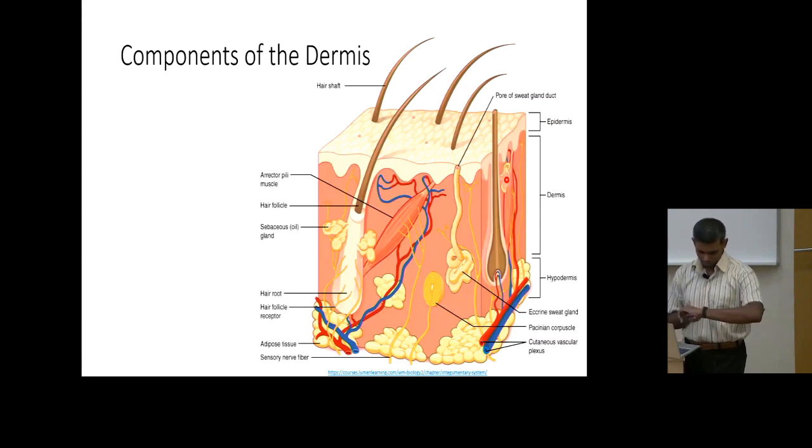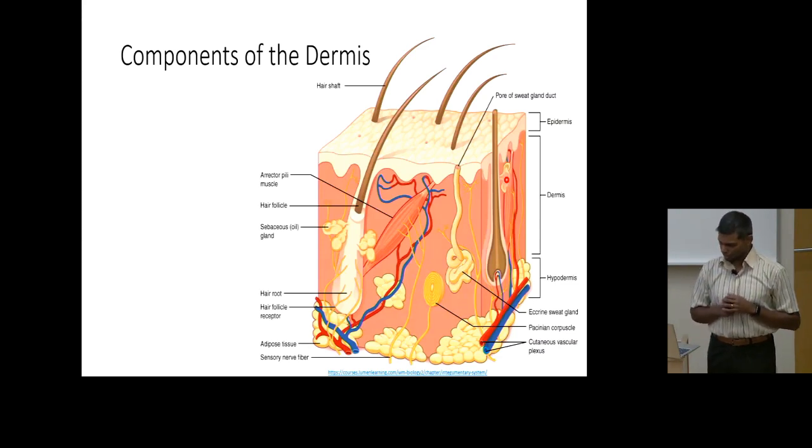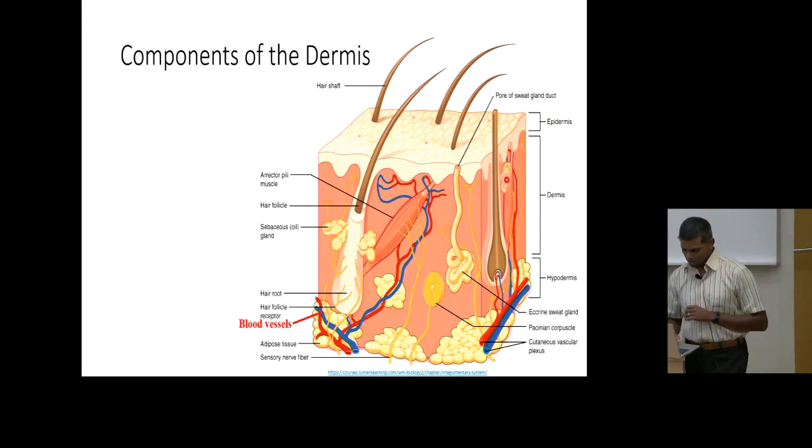So now what we're going to do is quickly talk about the various components of the dermis, and I'll briefly point out what their functions are. So we see that there are blood vessels which bring nutrients to the skin, and also take away waste products. And here's the hair follicle, which can detect changes in the environment because it's connected to nervous tissue at its base.